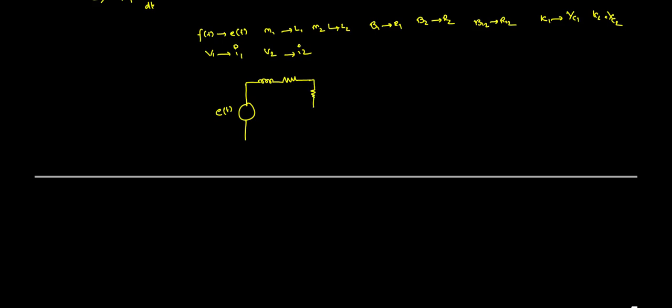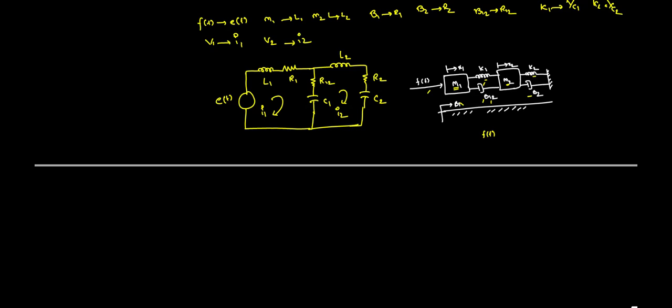That resistance we are calling R12, and the capacitance we are calling C1, and these are connected here, and that is connected to L2, R2, and then C2. This is the equation that we are trying to get.